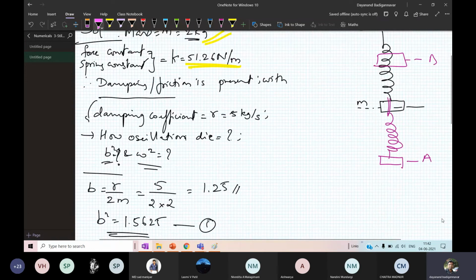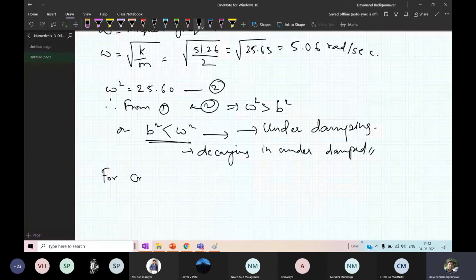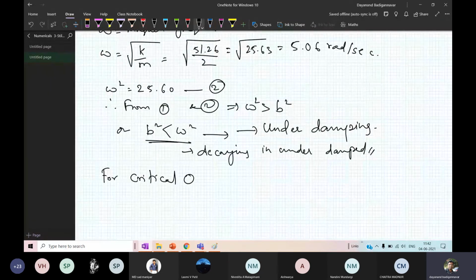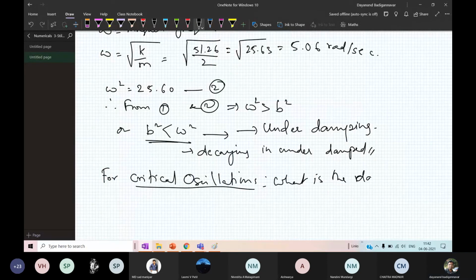For critical oscillations, what is the damping factor, what is the damping coefficient?